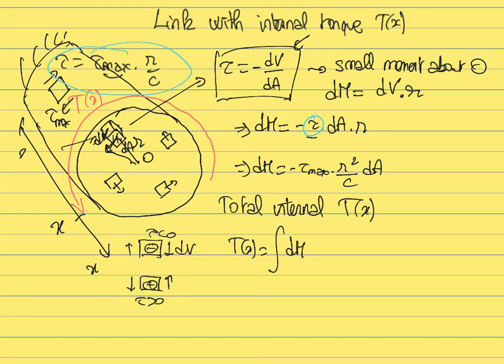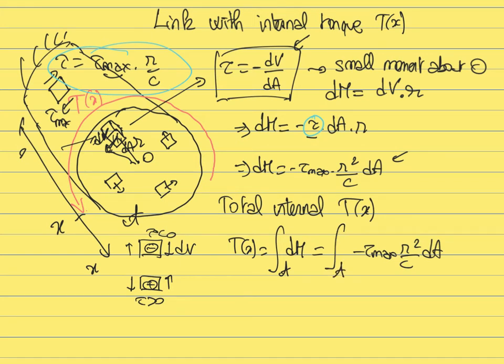If I take all those small moments dm created by all the small forces dV and sum them over the entire cross section A, then I'm going to get the total torque. So if I want to relate the torque to the shear stress, I can use this expression. The total torque is the sum of all the small moments dm, so I'm going to replace dm by its expression: minus tau max r squared divided by c dA. And then you need to sum this over the entire cross section.